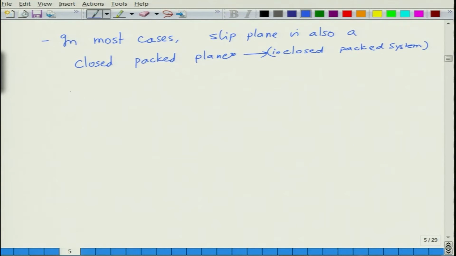If you look at systems like FCC or HCP, they are closed packed structures, and as a result they have closed packed planes.